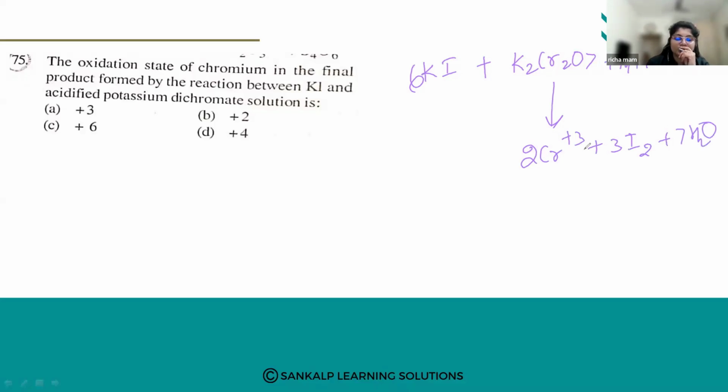Here chromium is +6 initially. In the final product, chromium is +3. So the final product is Cr3+, and option A is the answer.